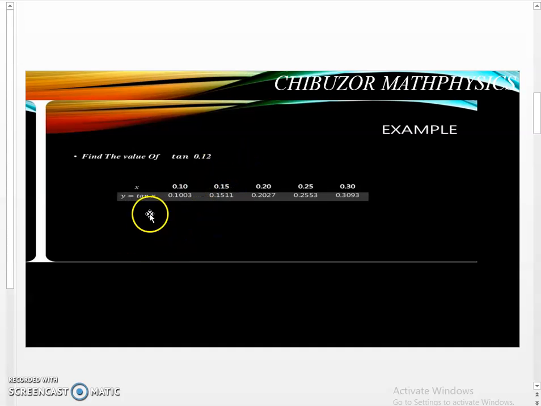When you are given this type of question and you are required to use Newton forward interpolation, you simply need to first of all construct your table. At any point in time, you can pause the video and try doing it yourself. So let us have a table of x and y values, and then determine the value of tan at 0.12.